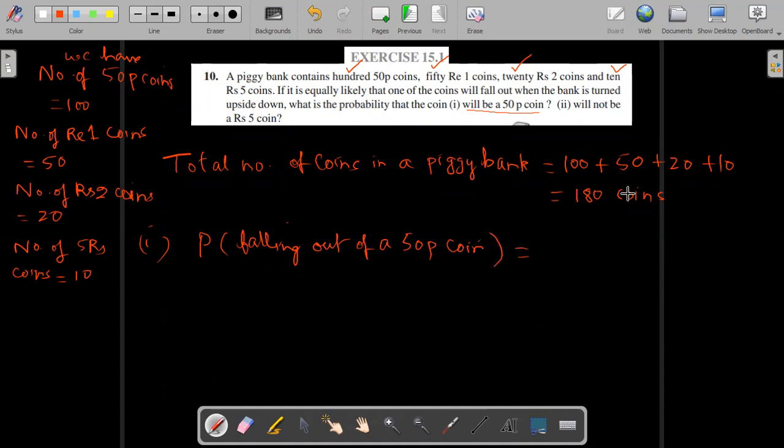Probability is equal to number of favorable cases upon total number of possible cases.